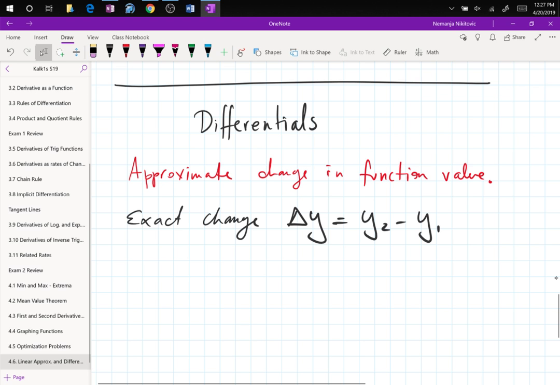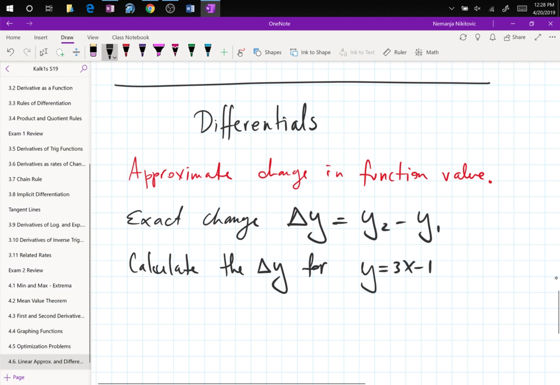To give you an example, calculate the change in y for y equals 3x minus 1 when x goes from 1 to 2.